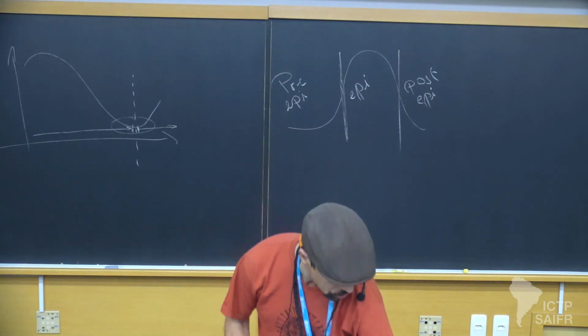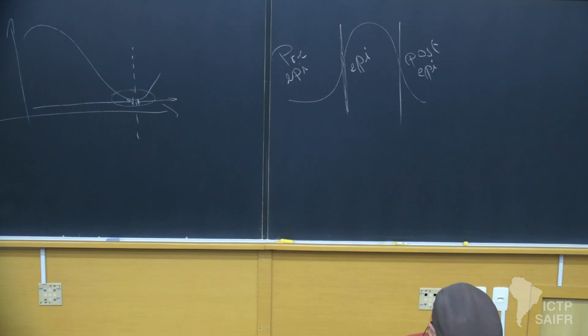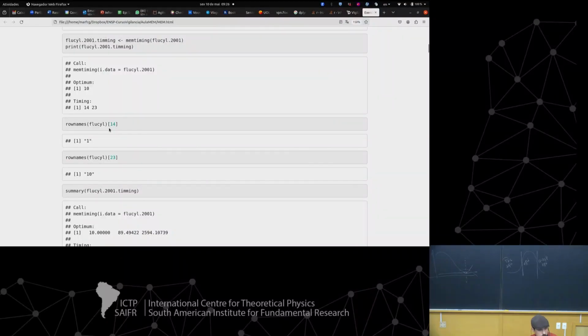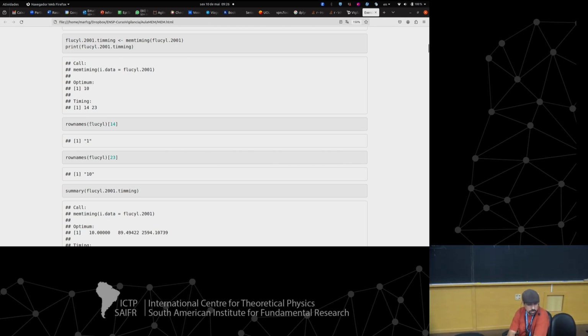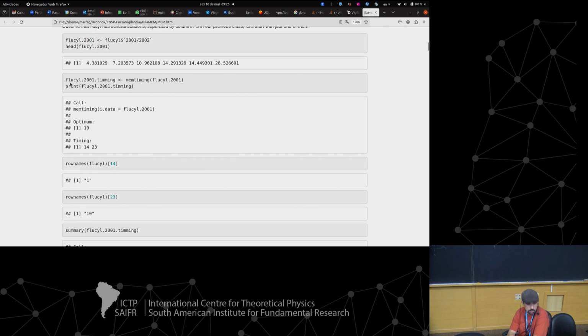So let's check what we have. Row 14 in our original data set corresponds to week 1. Why is that? Because when we changed our data structure into this object here, we lost the label associated with each row.